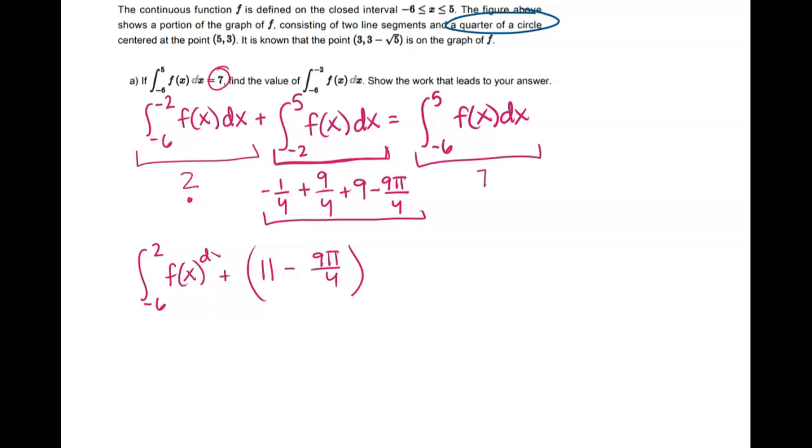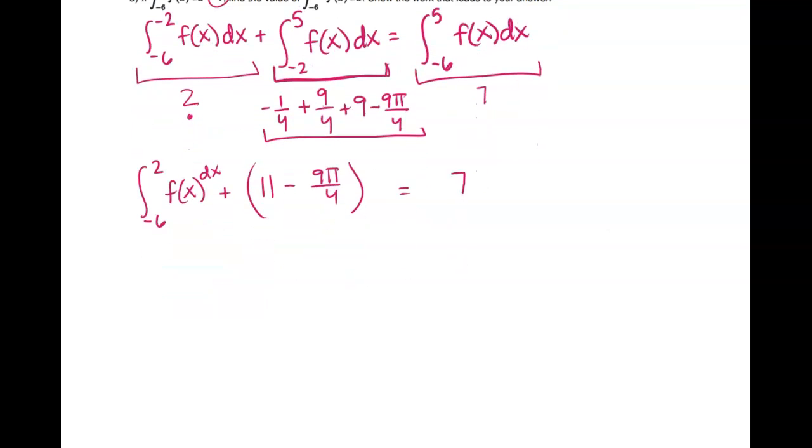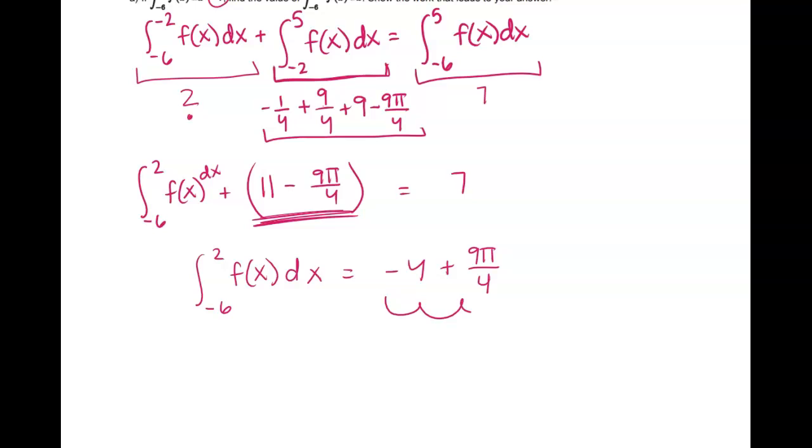And this is equal to 7. We subtract this portion here on both sides, we end up with the integral from -6 to 2 of f of x dx equals, well, 7 minus 11 is negative 4. Then we can add 9 pi over 4. So we get negative 4 plus 9 pi over 4.